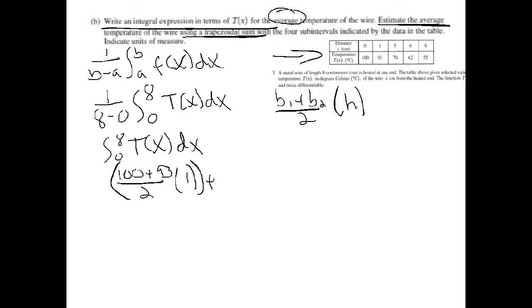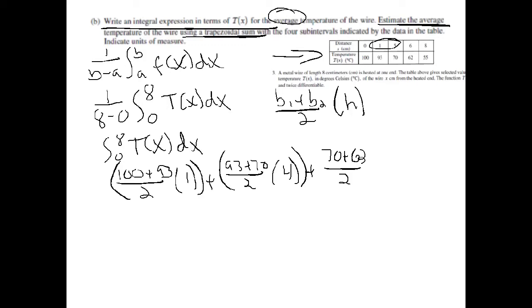Plus my second trapezoid is going to be 93 plus 70 over 2 times the width of this one between 1 and 5, which is going to be 4, plus the third trapezoid, base 1 is 70, base 2 is 62 over 2 times the width of this one, which is 1, plus the final trapezoid, which is base 1 is 62, base 2 is 55 over 2, times 3.